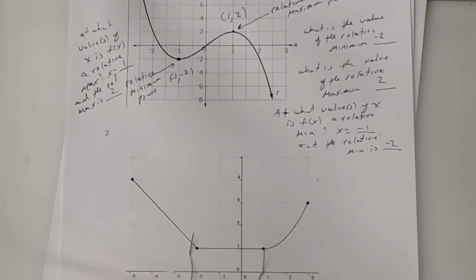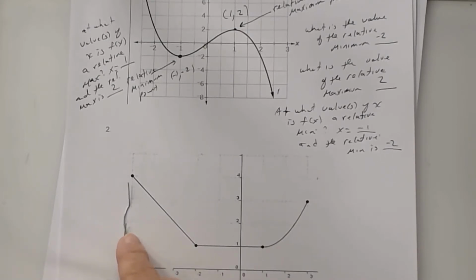Those are minimums, right? Then all of a sudden, I'm increasing, and this happens to be a relative what? Max. So relative max, all these right here are relative what? Mins, and then max. So for right now, just think of it this way.